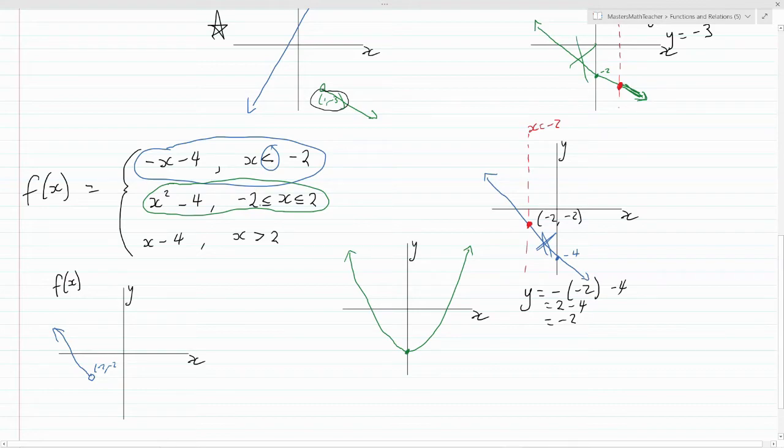Now in this case, we actually have 2 key points we need to find because it's between -2 and 2. So we've actually got 2 walls here. We've got a wall at -2 and a wall at +2.